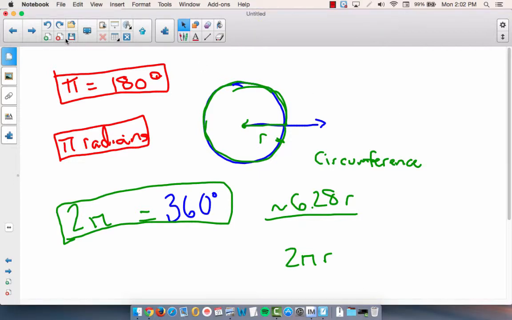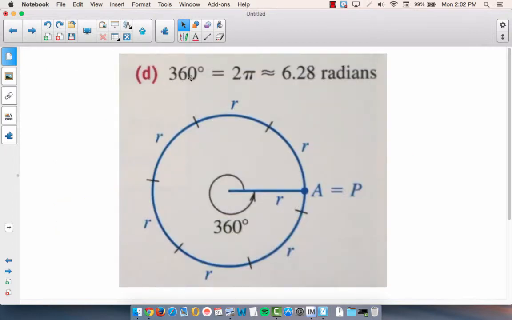Let's take a look at this same picture drawn much better than I can. 360 degrees equals 2 pi radians, 6.28 radians. Again, they wrote it here, but you don't have to write it when we're talking about angles. And you can see 1, 2, 3, 4, 5, 6, and a little bit extra.